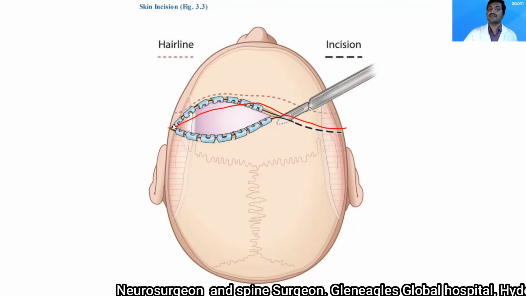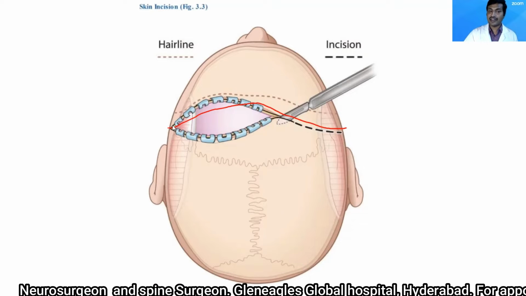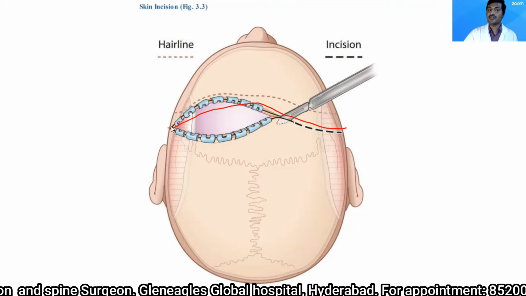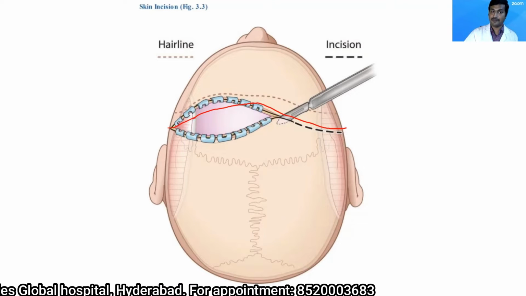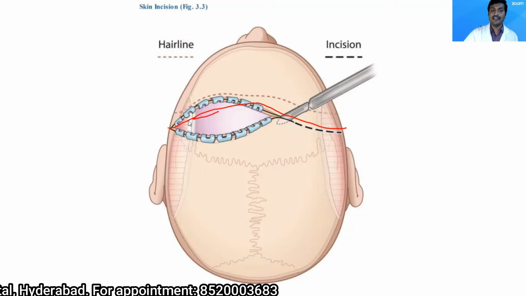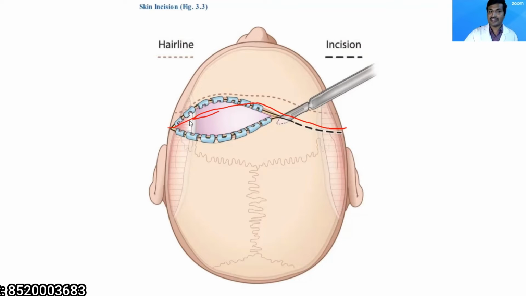I use a number 15 surgical blade to incise the skin up to the level of the pericranium above the superficial temporal line, and below the superficial temporal line, I take the incision down up to the level of the temporalis fascia.